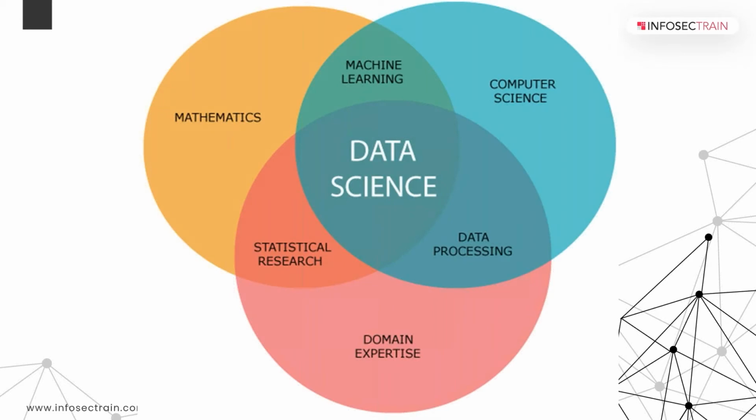So this is the Venn diagram of data science. Data science is basically a combination of mathematics, computer science, and domain expertise. As I already told you, data science is the science of extracting insights from data.